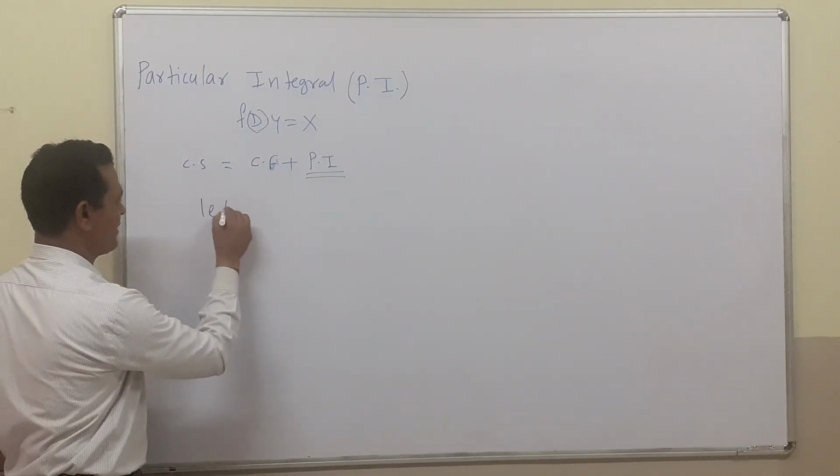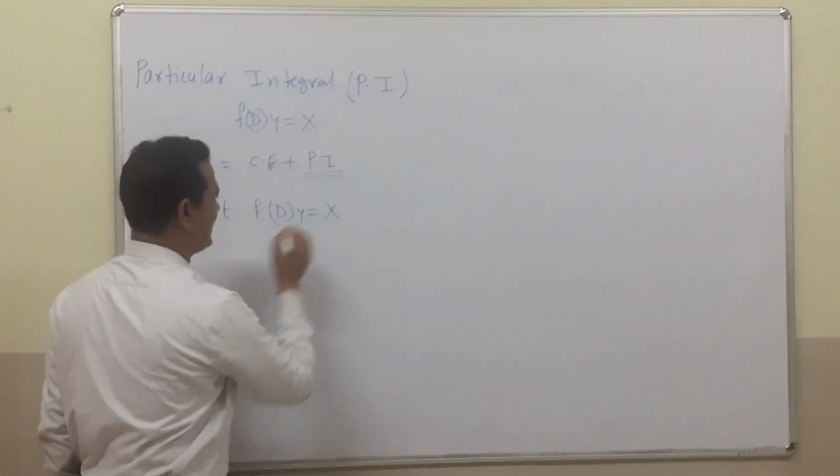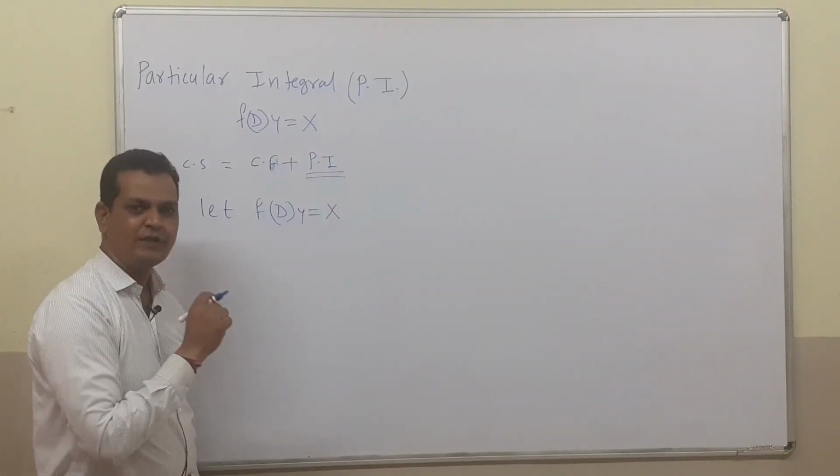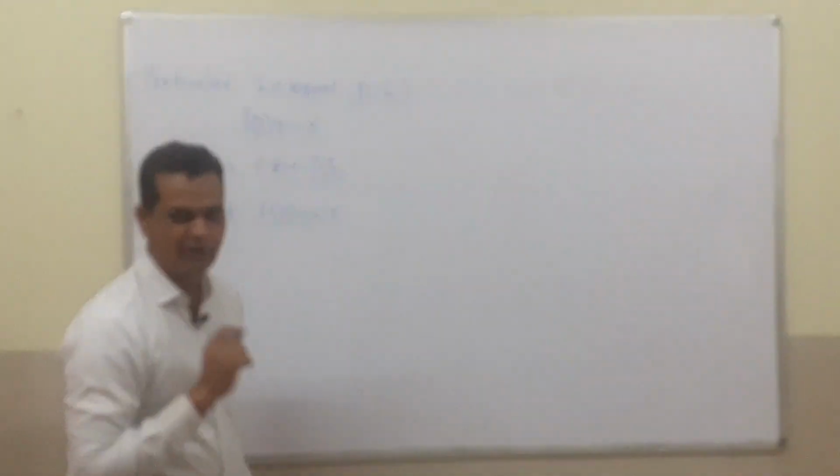So let f of D times y is equal to capital X. This is the equation which is obtained after putting the operator D in a linear equation.